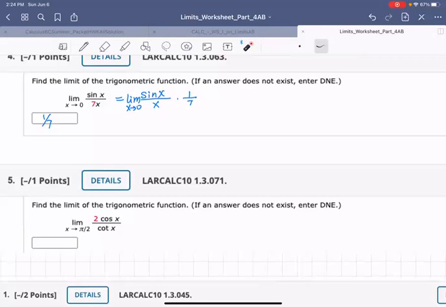We always want to manipulate between those trig identities. Cotangent is cosine over sine, okay? Emily, you got it correct, very good. Claire got it correct, very good. Who else?